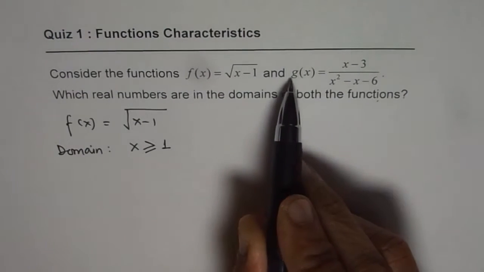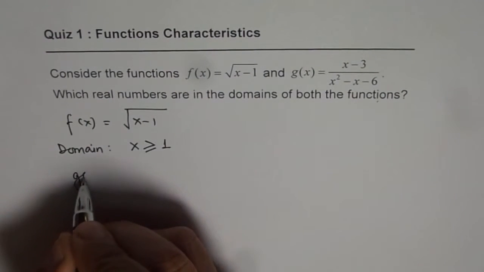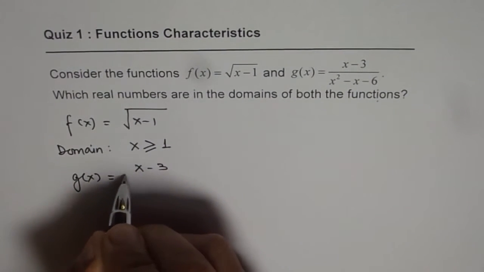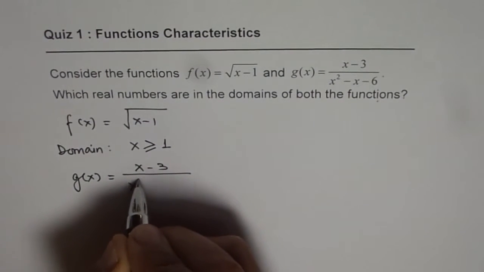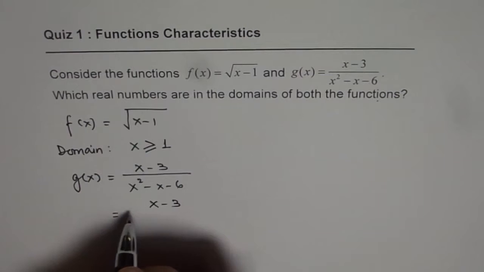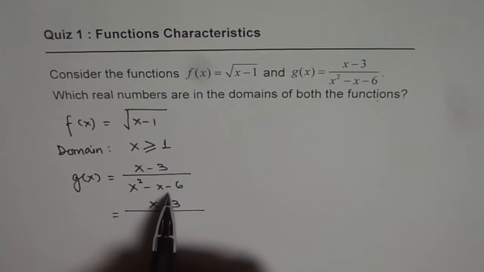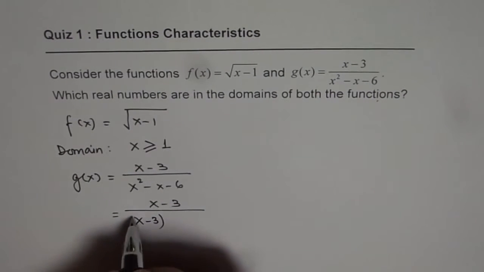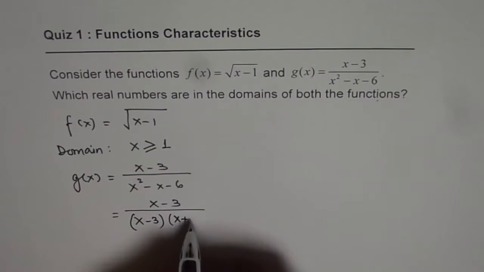Now let's explore g of x. g of x is equal to x minus 3 divided by x squared minus x minus 6. Now we can factor the denominator. We get x minus 3 divided by, so product is minus 6, sum is minus 1, so we get x minus 3 times x plus 2.